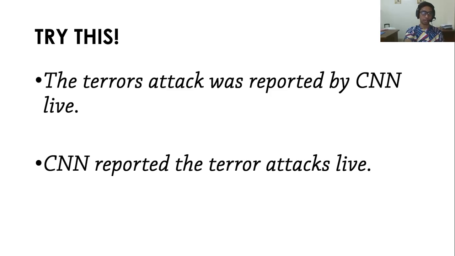Okay, so that's an example from passive. So in the first example, the subject was the receiver of the action, while in the second example, CNN was the doer of the action, which is reporting. So that's the difference between passive and active voice.